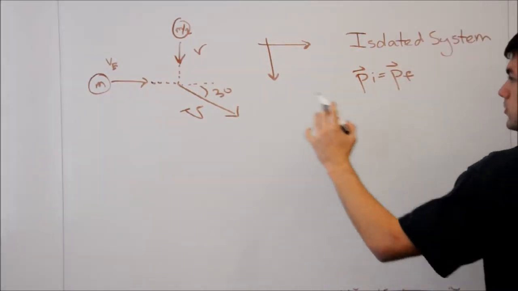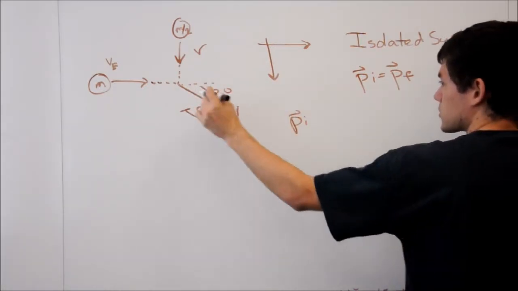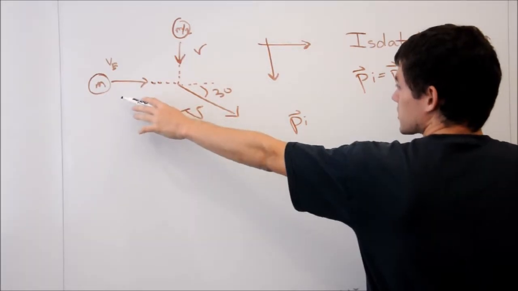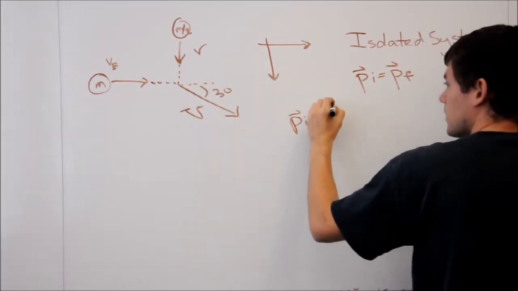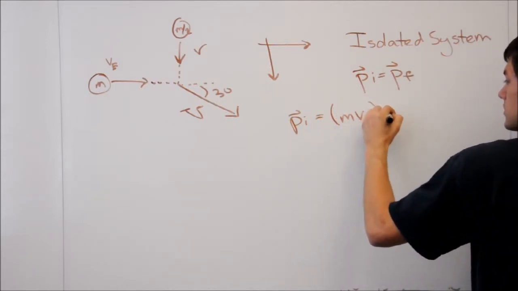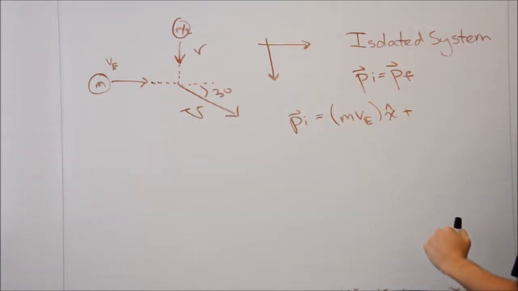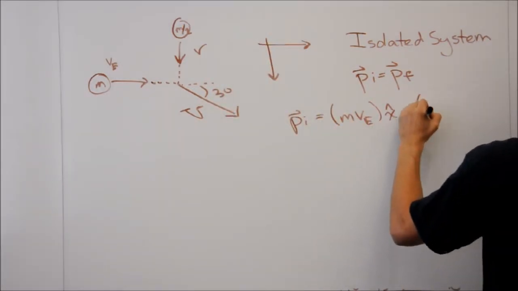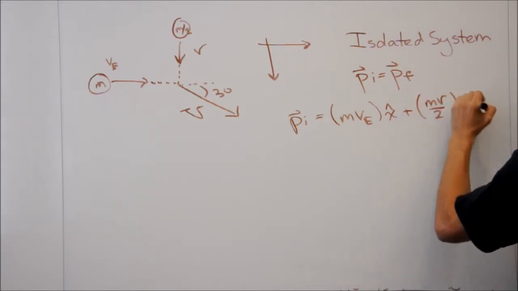Now we're going to first take Pi, which is just going to be the momentum of the Starship Enterprise plus the momentum of the Klingon ship. So that's going to be m times v sub e times x hat plus, not minus, remember this is why we defined downward to be positive, plus m little v over 2 times y hat.